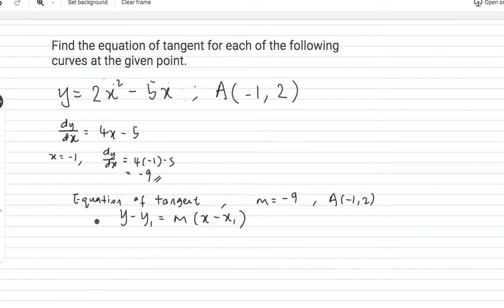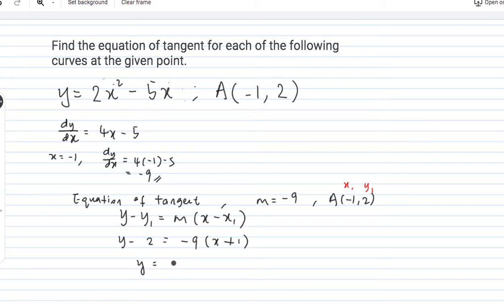Now we can start to use the equation of tangent. y minus y1. This is x1, this is y1. We substitute the values inside, this is m: y minus y1 equals gradient -9 times x minus x1, so now plus 1. So this is the equation.